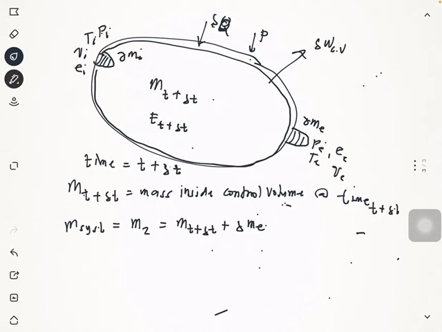Okay, so we can say that the m2 is equivalent to m1.